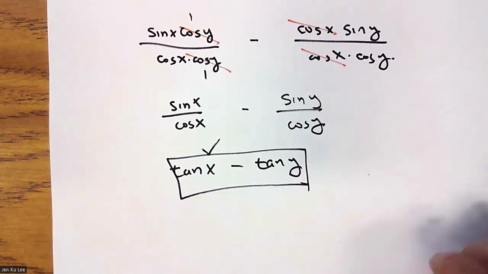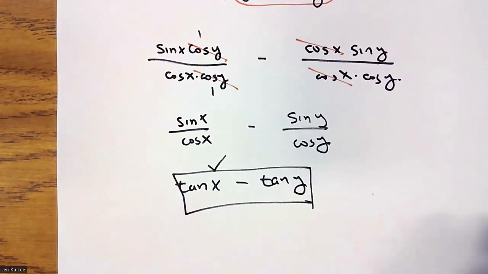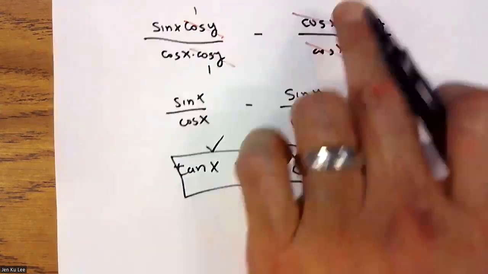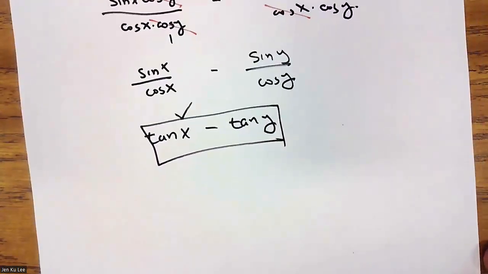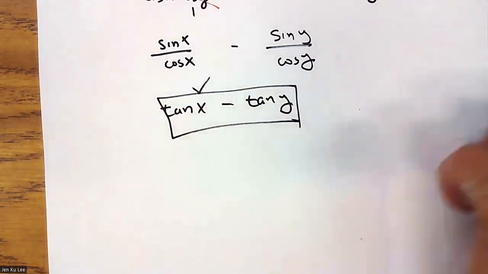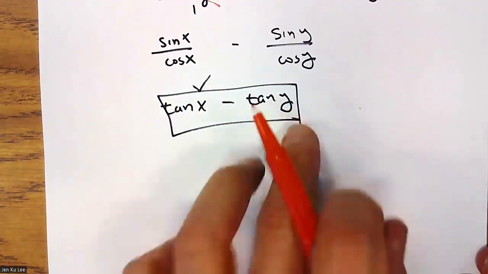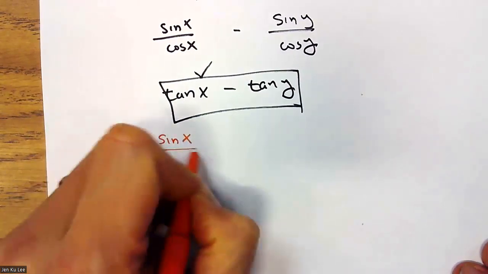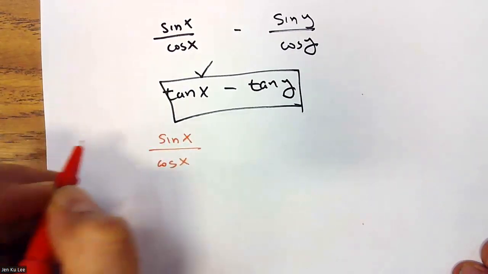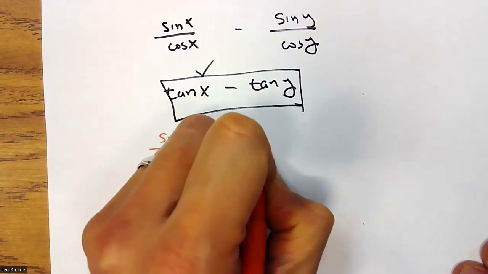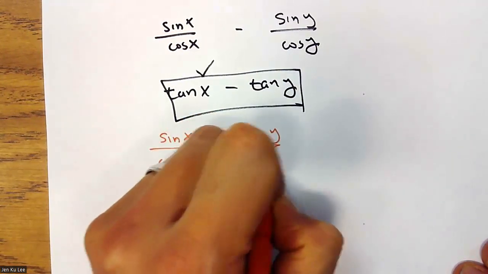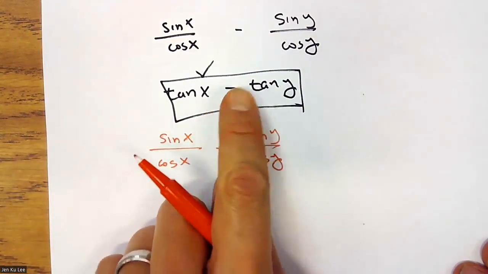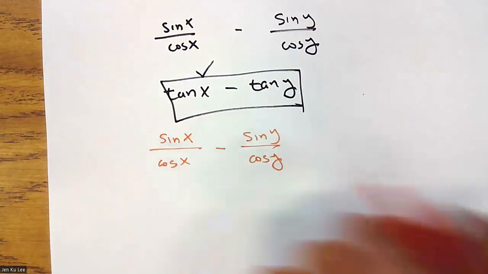Can you show it a little bit? If I started off with this, to make it look like the right-hand side, I would turn both tangent of x and tangent of y into sine and cosine. So sine of x over cosine of x minus sine of y over cosine of y. Now I'm going to turn this into my right-hand side.